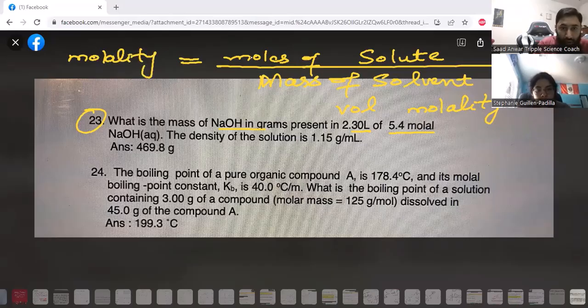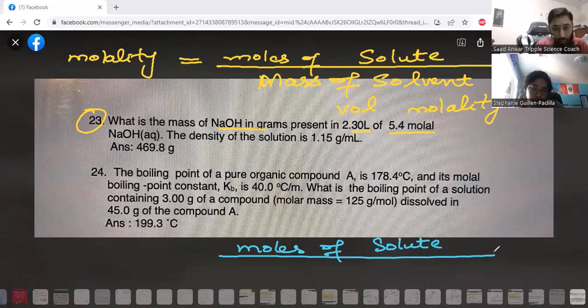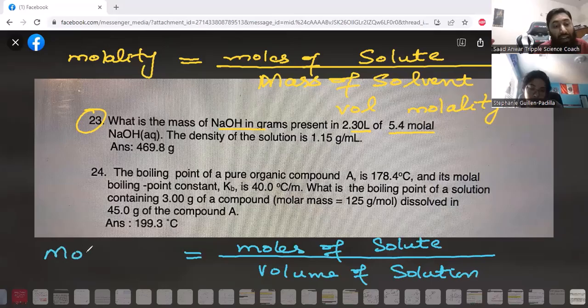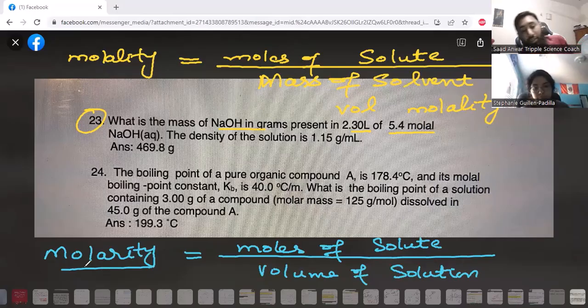And if I divide moles of solute by volume of solution, then I get something we call molarity, which I guess you are familiar with. So molality and molarity, both are cousins. Density of solution is given. This is the answer. Let's go to the whiteboard.